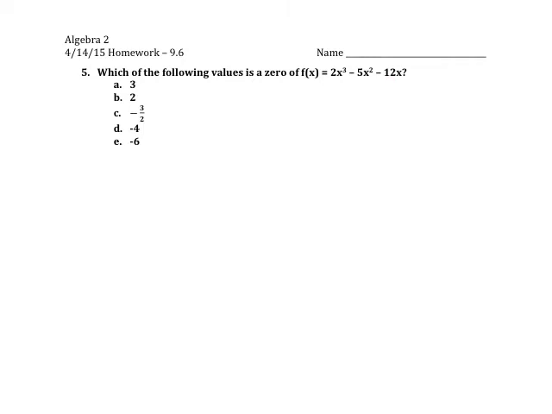It's not the only way to do it, but that's probably one of the easier options. In other words, take the number 3 and ask, is 2 times 3 cubed minus 5 times 3 squared, minus 12 times 3, does that give you 0?